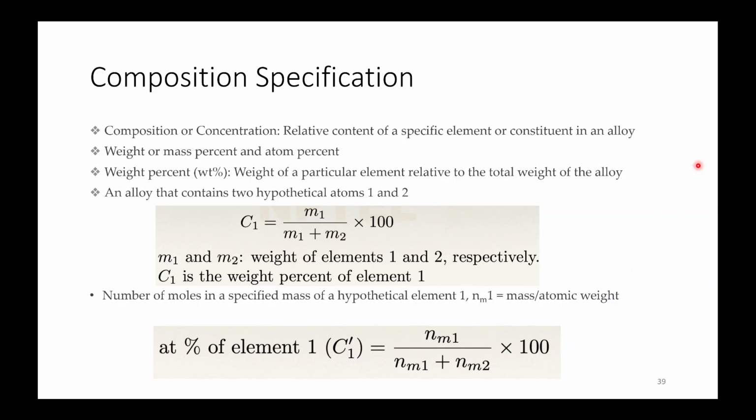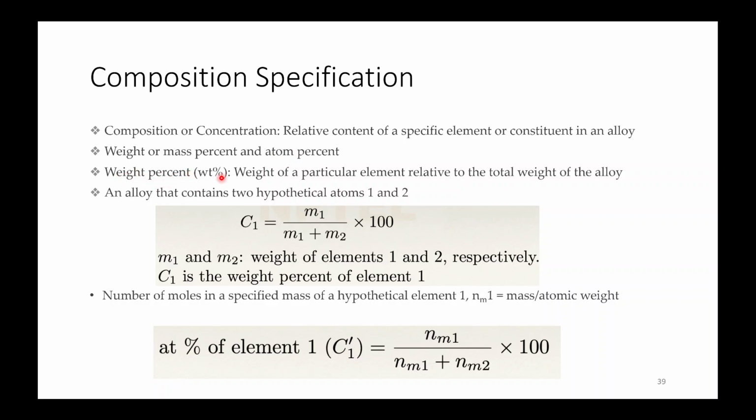Now composition specification. When there is formation of a substitutional or interstitial type of solid solution, you will require these equations for calculation. Composition or concentration is the relative content of a specific element or constituent in an alloy. It can be either mass percent or atom percent, two types of percentages you can use to specify your alloy.